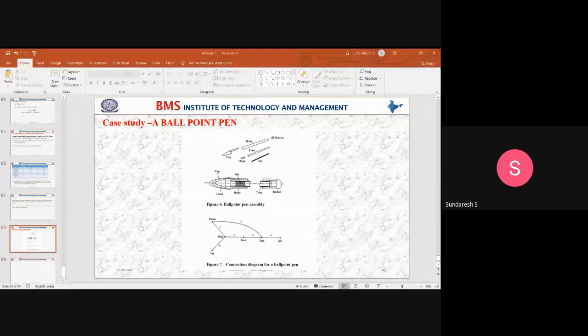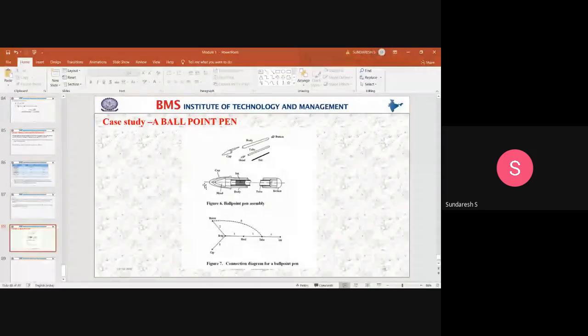Mohan Ambal. Mohan Ambal, are you there? What is your opinion about this case study? Yeah, sir, like they all said, material cost.